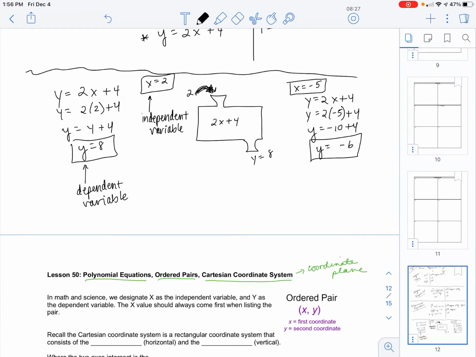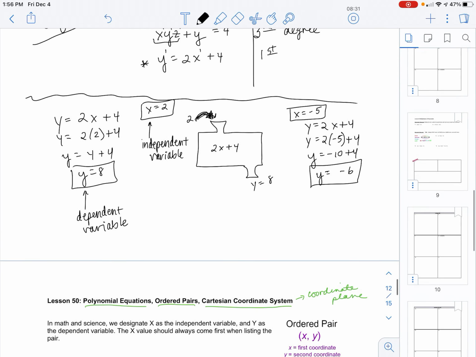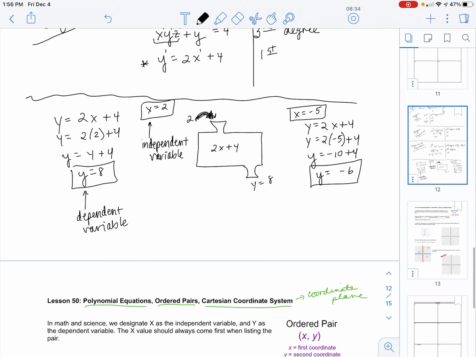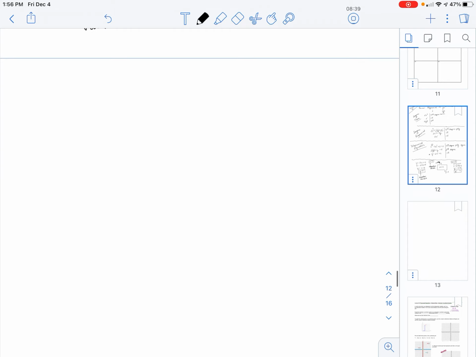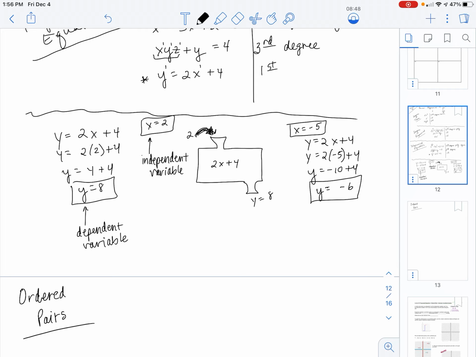Okay? Now, another thing, let me get one more sheet of paper here. We want to talk about ordered pairs. Because what we learned when we used that function machine, or whenever we're given some polynomial equation and we put a value in for x to determine what y is, we can take that x value and that y value and make what's called an ordered pair.